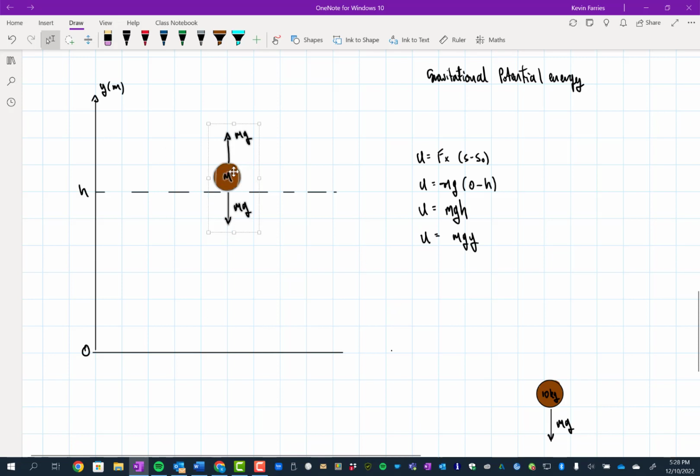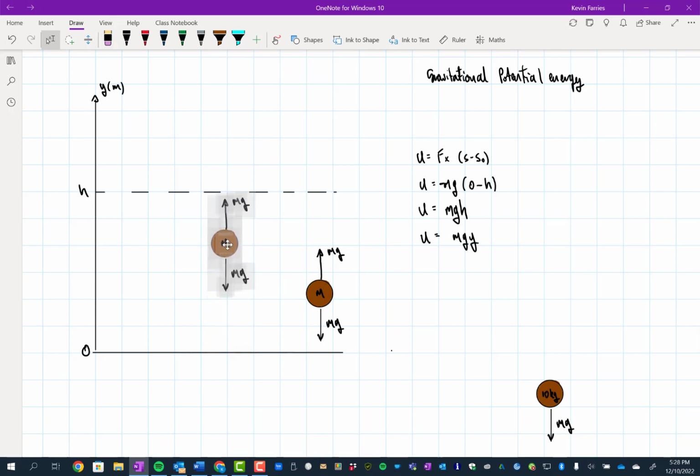In each of these situations, you're getting gravitational potential energy converted into kinetic energy if it was going down this way. It could also be the case that you've got a projectile that's being shot up. Then the kinetic energy would be getting transformed into gravitational potential energy.